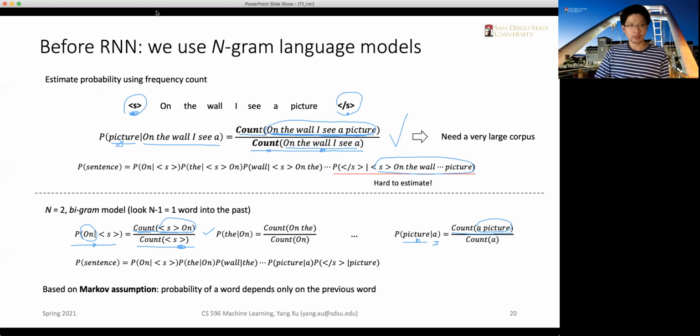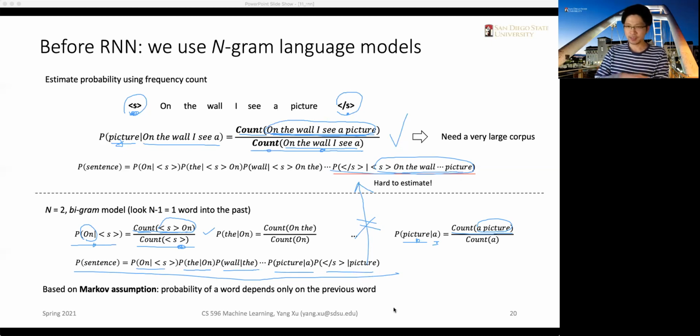Of course, this approximated probability is not accurate, because we are using the bigram probabilities rather than the actual probability. So it's an inaccurate estimation, but sometimes it's sufficient for usage, for different purposes.